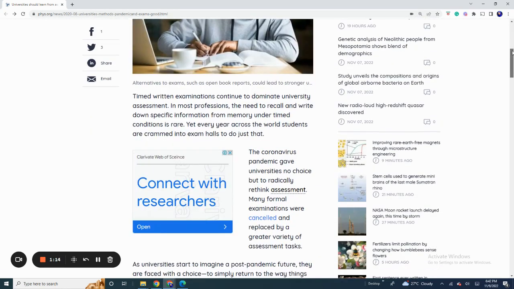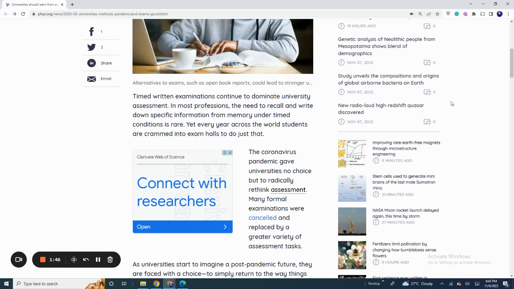Following the pandemic, a lot of higher learning institutions had decided to eradicate the use of examinations altogether. And most of these institutions resorted to using formative assessment tasks, alternative assessment tasks, or authentic assessment tasks instead. Now that the pandemic is over, COVID-19 is not over. It's just that we are done with the pandemic phase.